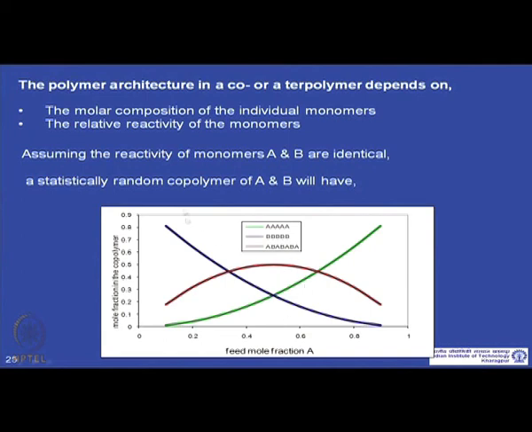This is for a purely statistical random copolymer. So, this is how using NMR we can get information about the randomness and the blockiness. With this we stop for this lecture, and we will start the next topic in the next lecture.